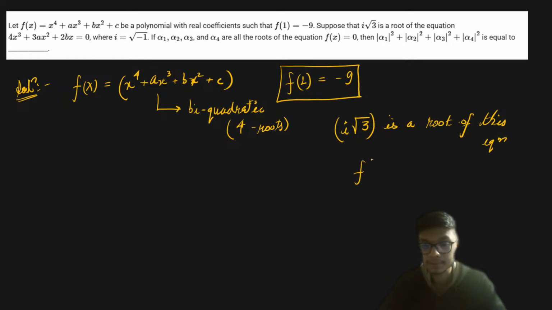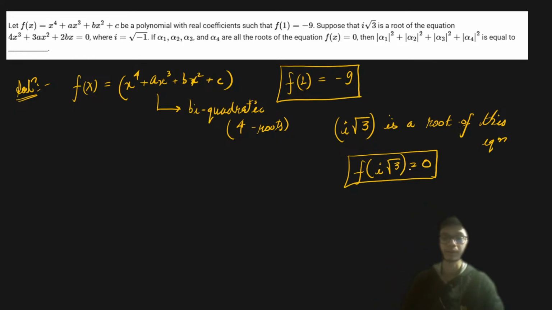So if iota root 3 is a root of this equation, then I can have f of iota root 3 equal to 0, right? Suppose this is equal to 0, and this is another equation we have. Sorry, I should have mentioned it.